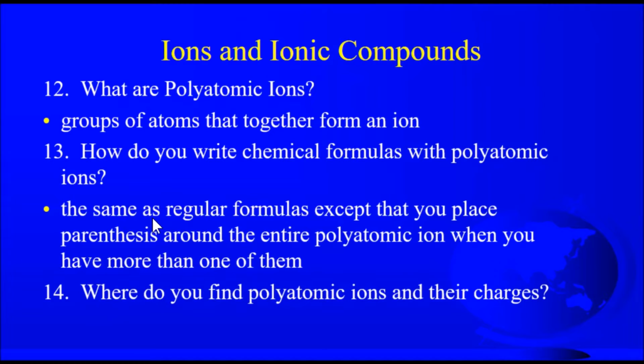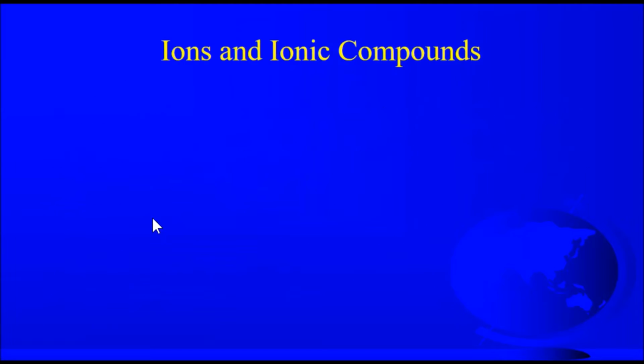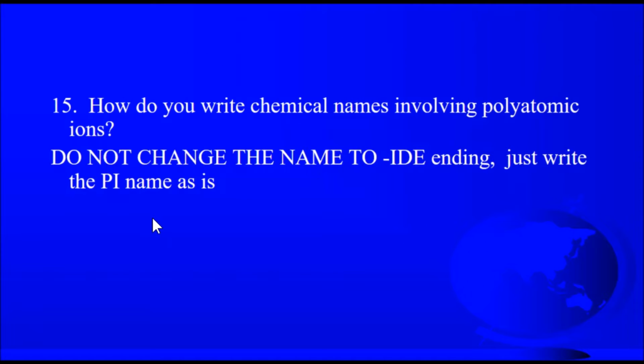Where do you find the polyatomic ions and their charges? On the back of the periodic table, on your chemistry handout, what I call the chem out. How do you write chemical names involving polyatomic ions? You do not change the name to IDE.